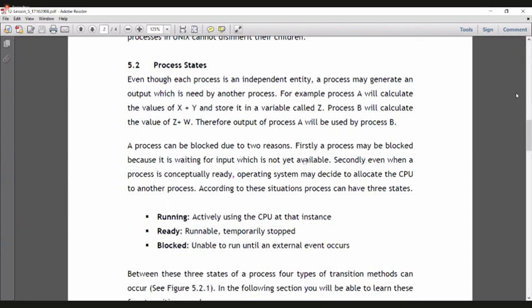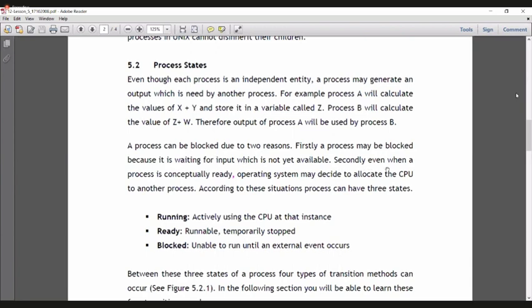Firstly, a process may be blocked because it is waiting for input. Now process B is waiting for z as input, which is not yet available. So it has to wait until process A calculates it. That is one type of waiting or blocked state.